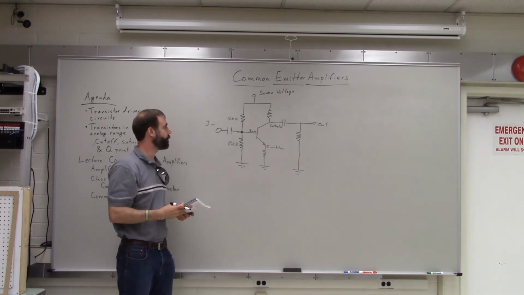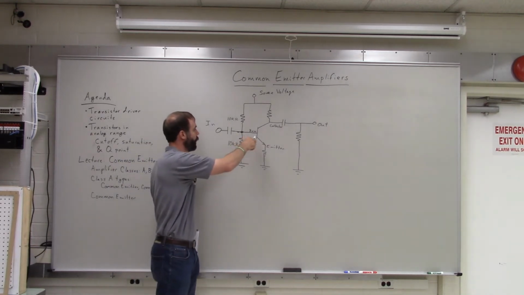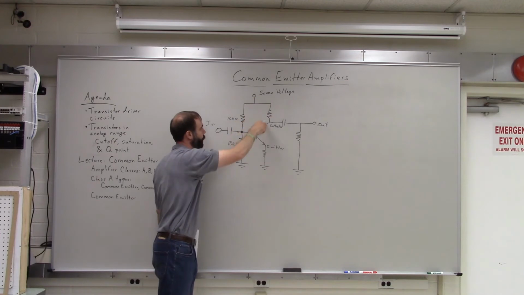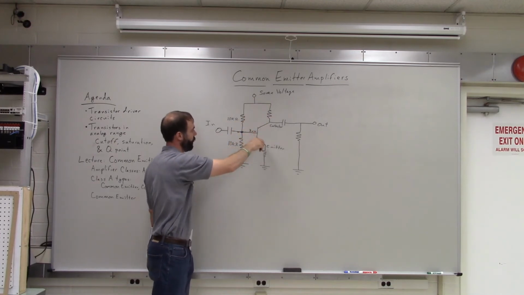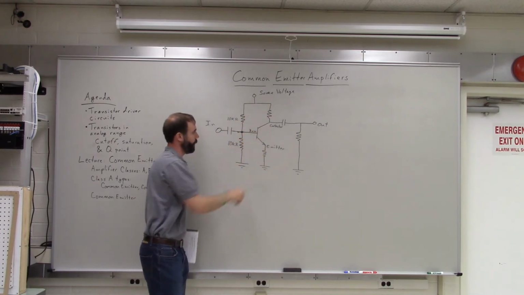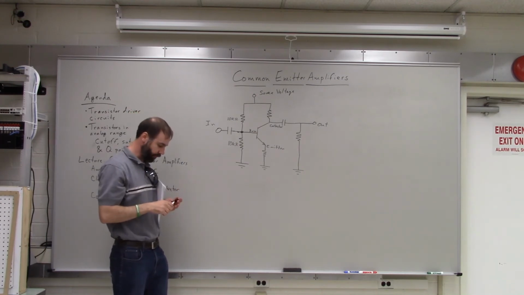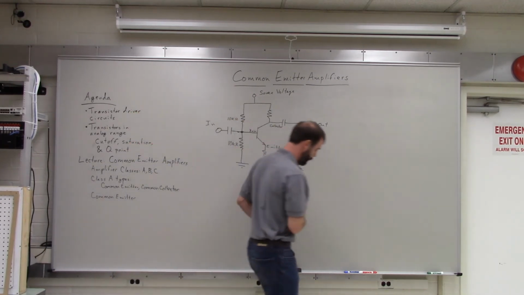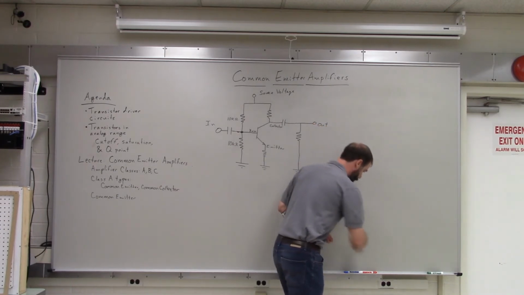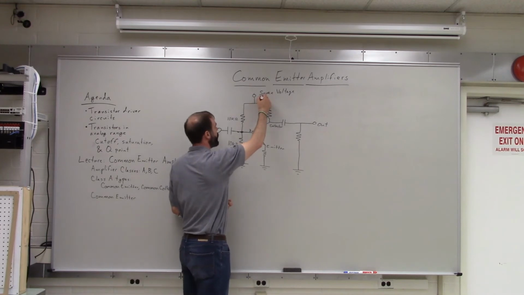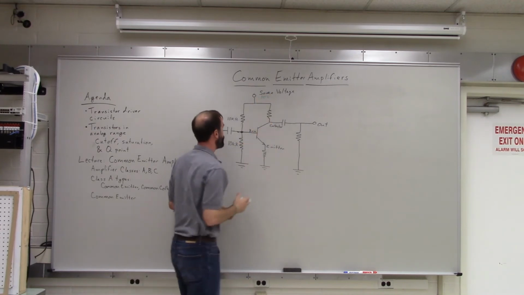And this small amount of current going into the base allows a larger amount of current to flow from the source voltage through the collector down to the emitter and down to ground there. So say that our source voltage was 10 volts.